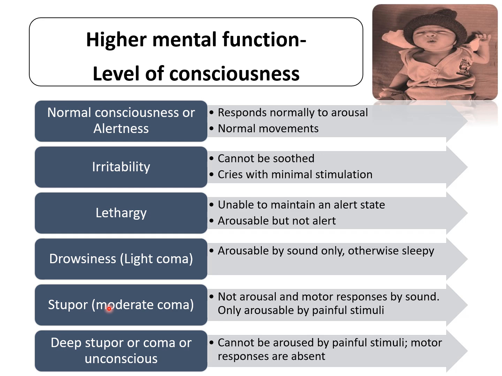Stupor or moderate coma when baby has absent arousal and motor response to verbal stimuli or sound, only arousable by painful stimuli. Deep stupor or coma or unconsciousness when baby cannot be aroused by painful stimuli, motor responses are absent. So these are the levels of consciousness.